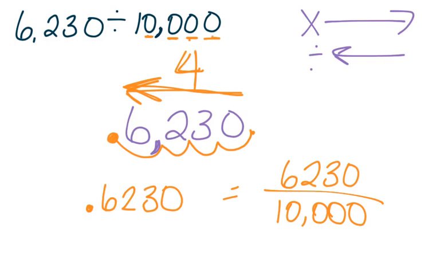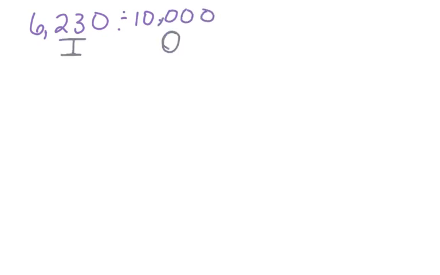Again, if you wanted to divide it normally, 6,230 divided by 10,000. The first number goes inside, the second number goes outside.